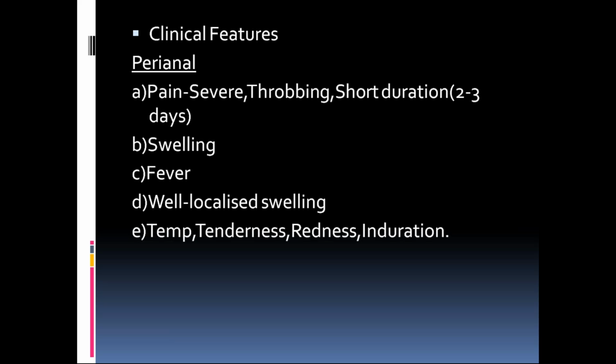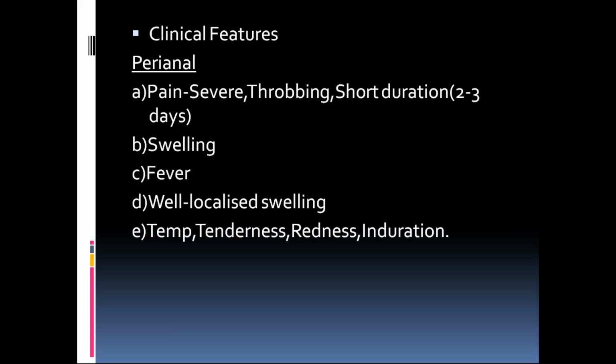The patient complains, sir, I am having some pain around the anus and I can feel a small swelling around the anus of very short duration, 2 to 3 days. The pain will be throbbing in type in case of a perianal abscess, and the patient complains of fever also.